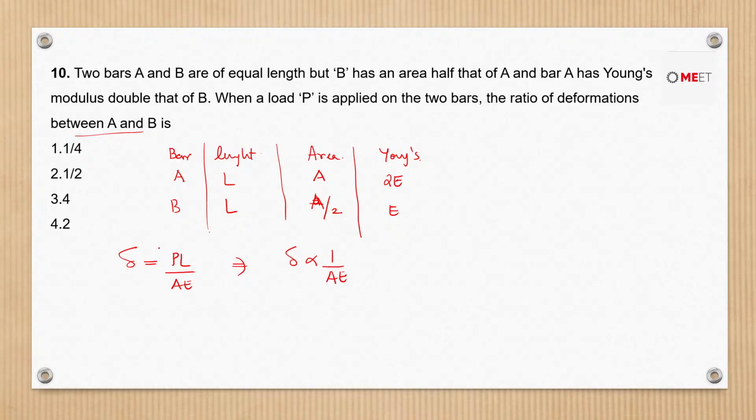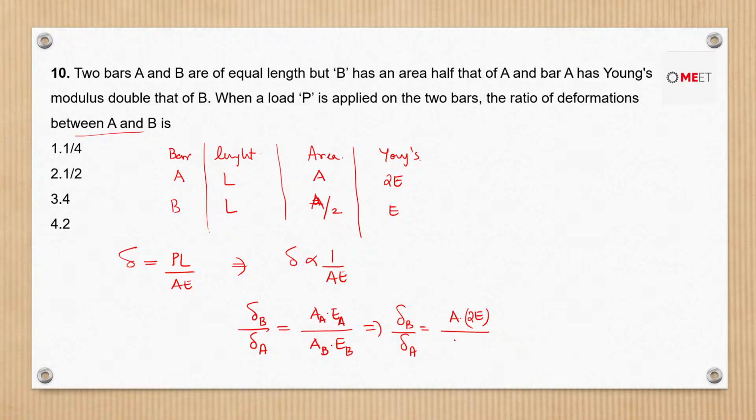Length is constant and load is also constant for both. So delta B by delta A is equal to area of A into Young's modulus of A divided by area of B into Young's modulus of B. Area of A is A only, and Young's modulus of A is 2E. Area of B is A by 2, and Young's modulus of B is E only.